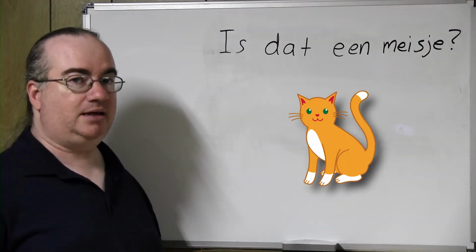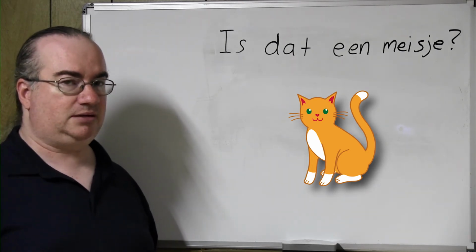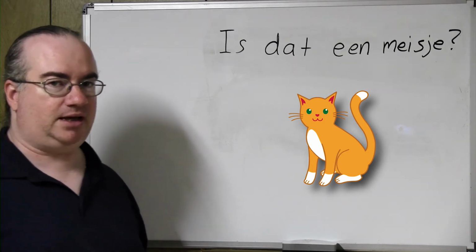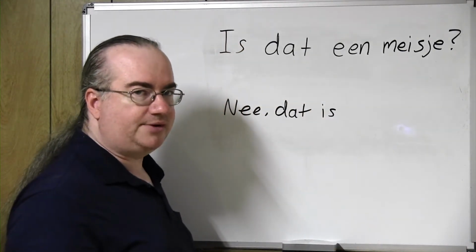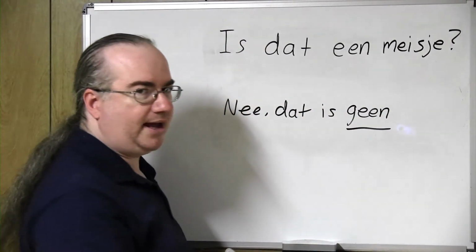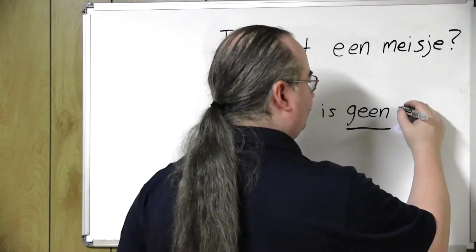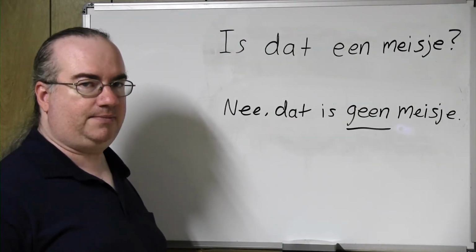And if I say, is dat een meisje? And it's clearly not, then we need to say, remember how to say not a? Geen. Nee, dat is geen meisje.